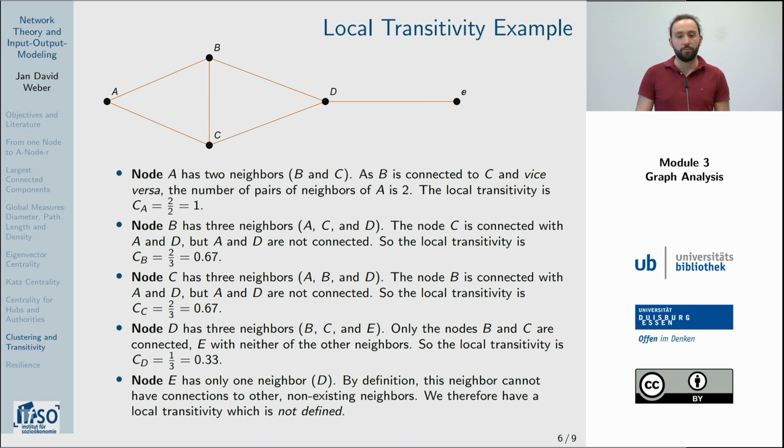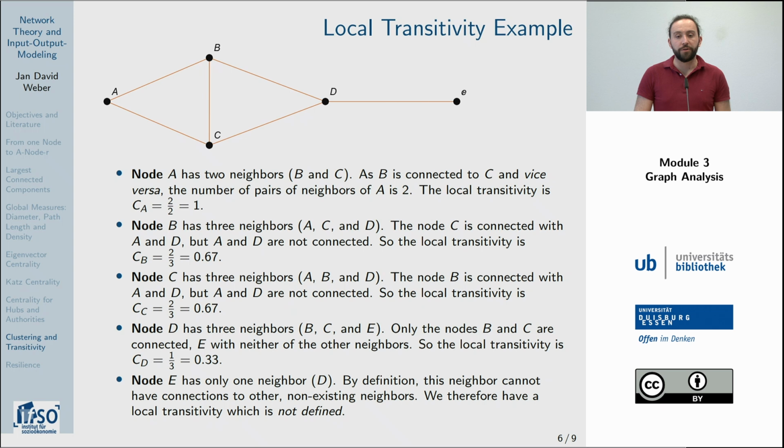If we look at node B on the top here, it has 3 neighbors, but only one of them is also connected to the other two. So we have a transitivity of 2/3, because A and D are not neighbors. So a third of them is not connected.